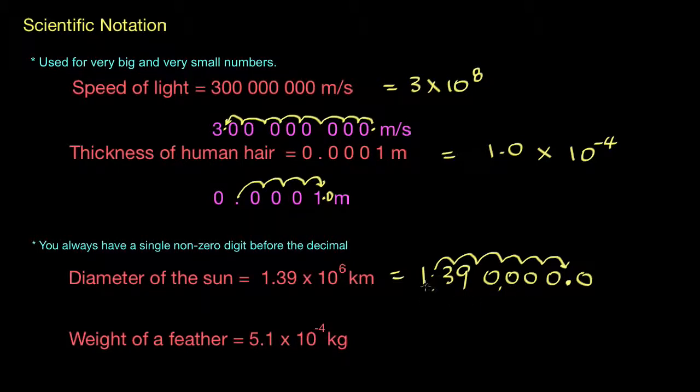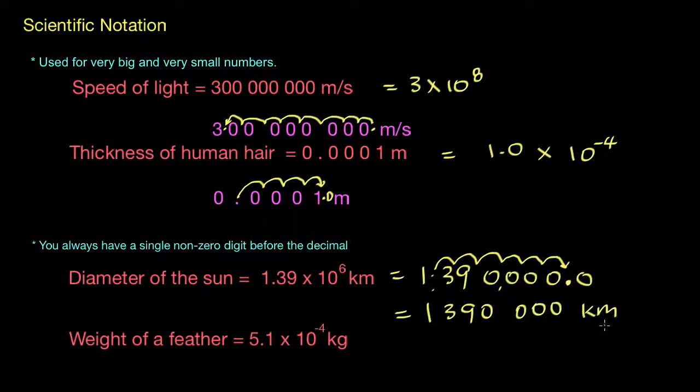So you've got 1,390,000 kilometers. That is the diameter of the sun. So I'll rewrite it now without that decimal here. We've got 1,390,000 kilometers. So there, the diameter of the sun is 1.39 by 10 to the power of 6, or 1,390,000 kilometers.